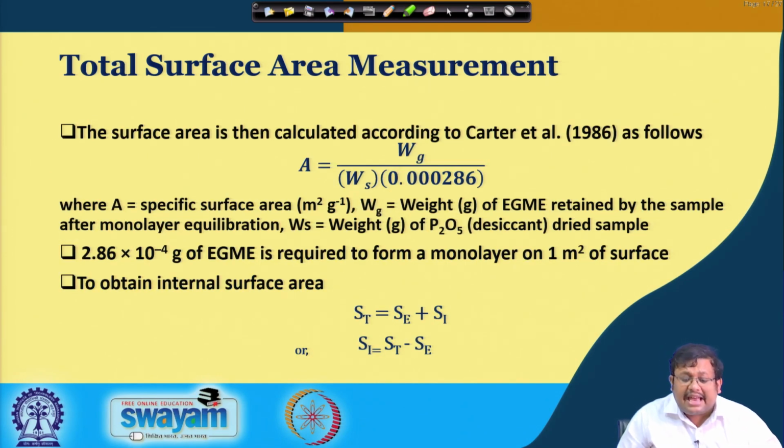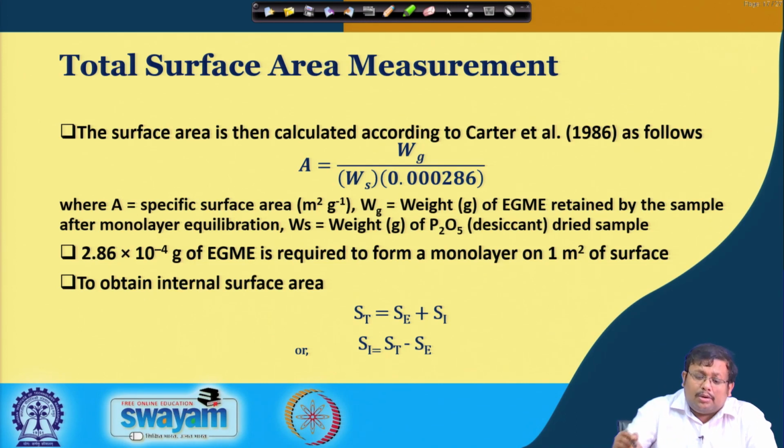Then the surface area is calculated according to this formula given by Carter et al., where A is the specific surface area in square meter per gram. Wg is the weight of the EGME retained by the sample after monolayer equilibrium. Ws is the weight of P2O5 desiccant which we use to dry the samples before putting the excess amount of EGME, and we know that 2.86 into 10 to the power minus 4 grams of EGME is required to form a monolayer on 1 square meter of surface.